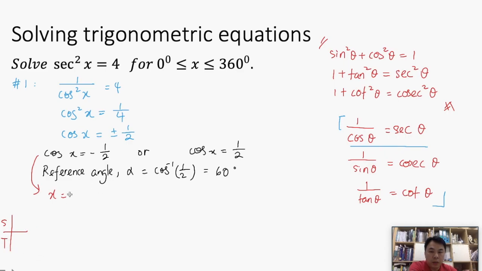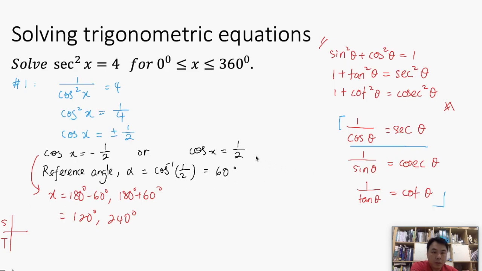So therefore, I can conclude that my x is actually 180 degree minus of 60. I'll just rewrite this so that you know what's going on. And then the other one is 180 plus 60. That would actually give me 120 degree. And then the other one is 240 degree. That's my first solutions for my first case.